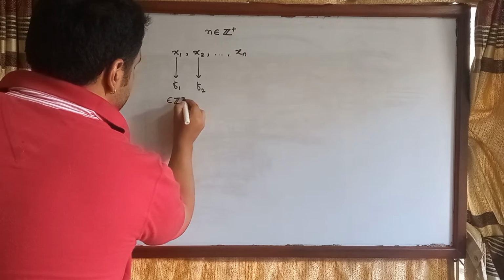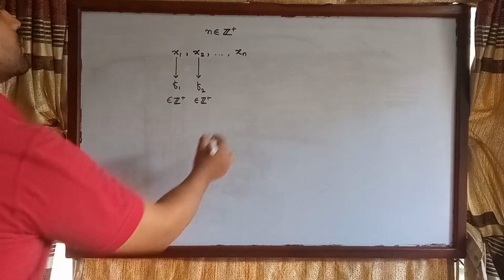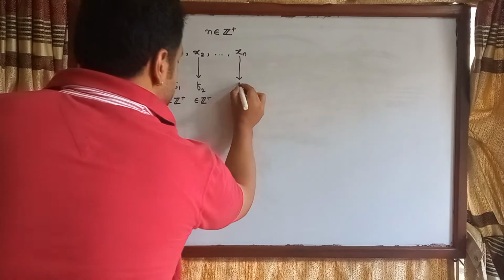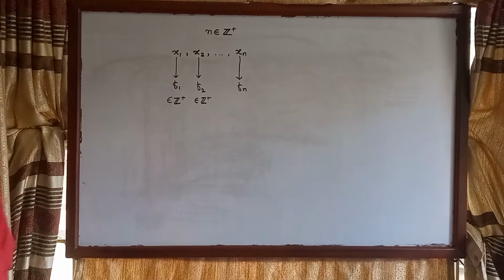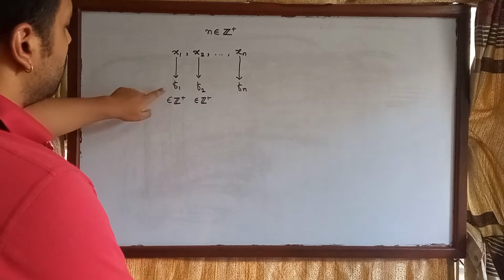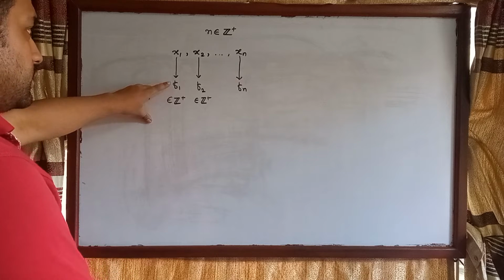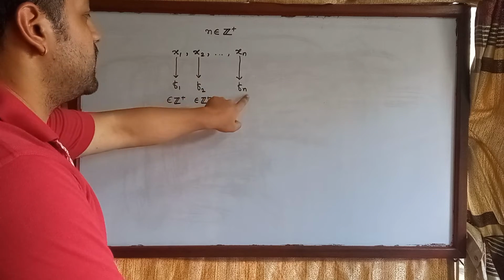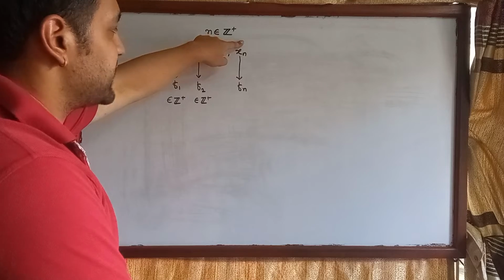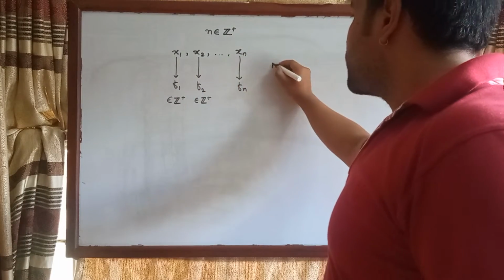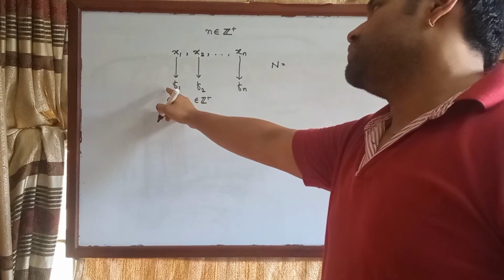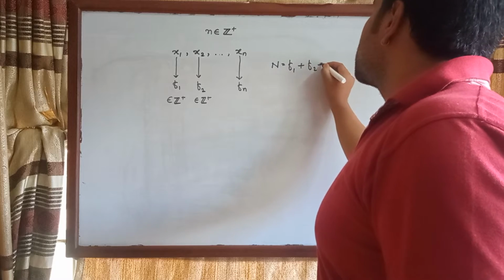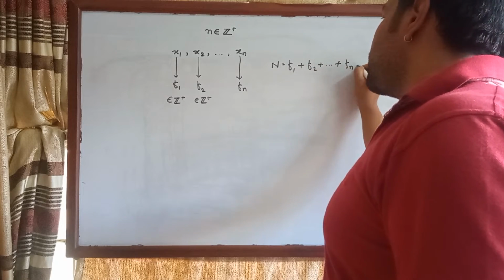All of them are positive integers, obviously, and xn has been repeated fn times. So the total number of observations is f1 x1s, f2 x2s, and similarly up to fn xn's. If n is the total number of observations, then n is the sum of these frequencies, f1 plus f2 plus up to fn.